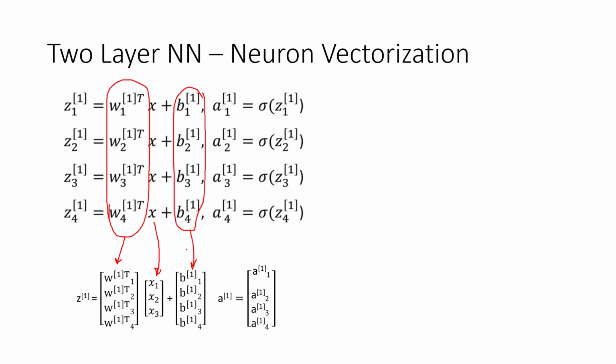You can find B11, B12. If the notation we use is the layer number first and then the neuron number, we have B11, B12: first layer first neuron, first layer second neuron, first layer third neuron, first layer fourth neuron biases, right? These are the biases of each of these neurons, and these are the weight vectors of each of the neurons.